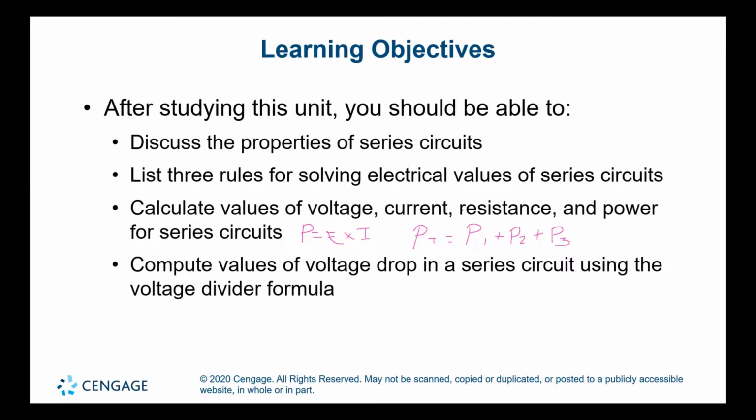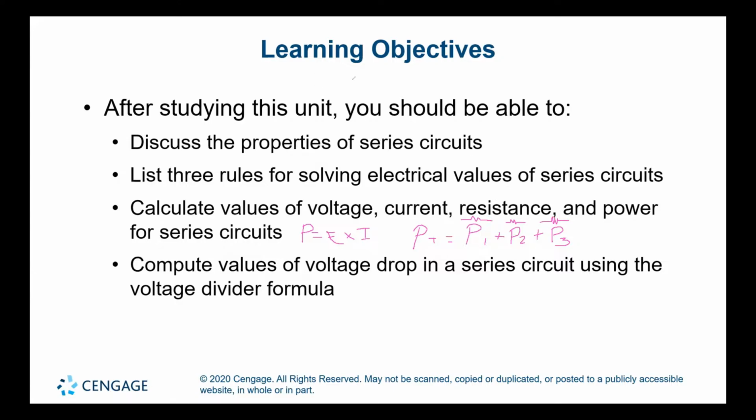So if we had 3 resistors, each one of them is going to have some power dissipation. So the total power in any given circuit is going to be equal to the sum of P1 plus P2 plus P3, regardless of the way in which the resistors are connected. It doesn't matter if they are connected in series, okay?